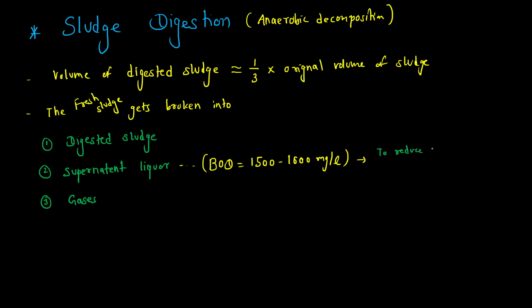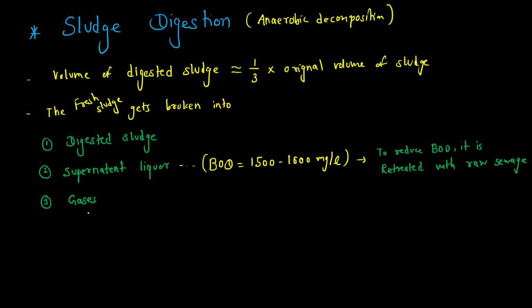To reduce BOD, it is retreated with raw sewage. What is the meaning of raw sewage? The initial sewage which is coming to the sewage treatment plant; in that this supernatant liquor is added, and then again it goes through all the same processes. So these are the various things into which this sludge gets broken.